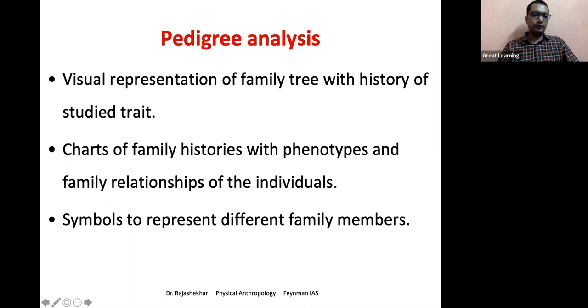That is why it is called a visual representation of a family tree with history of the studied trait. I will show you images, we'll work on examples. This will become more clear to you as we move on. So creating a family tree with respect to a character or certain trait is what is called pedigree.